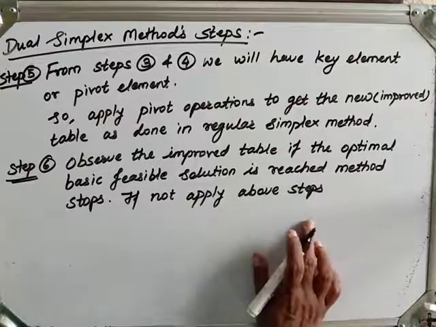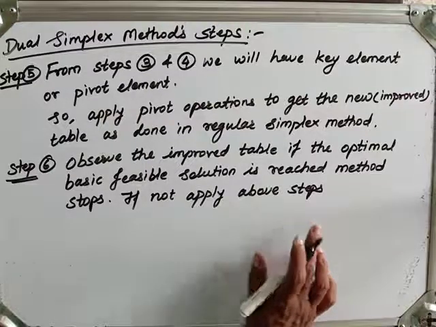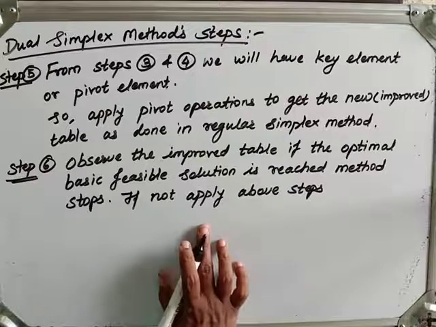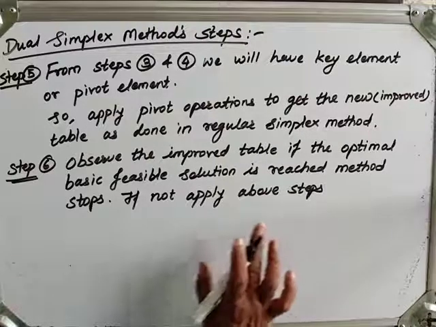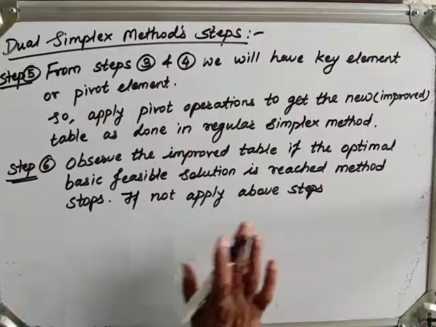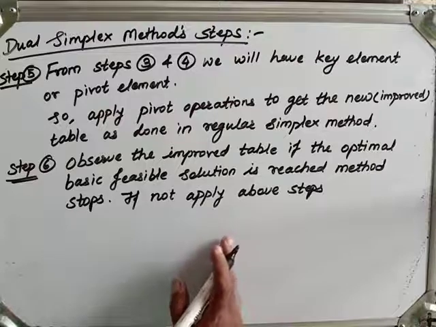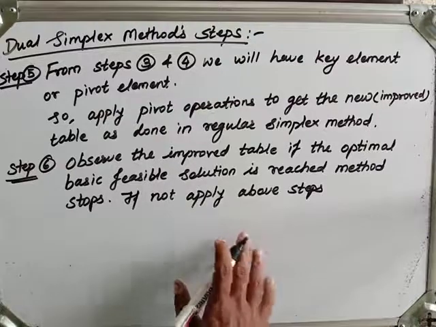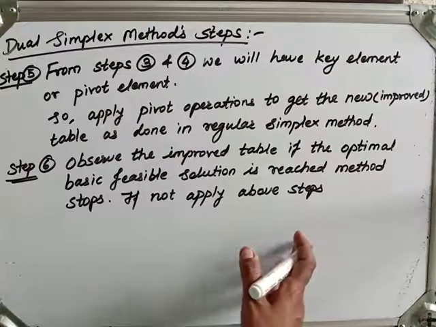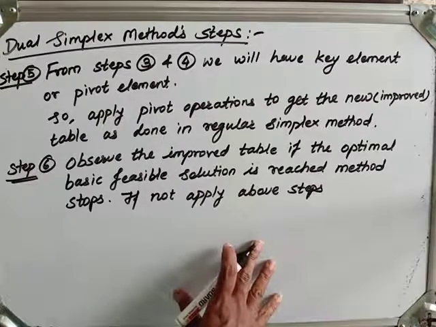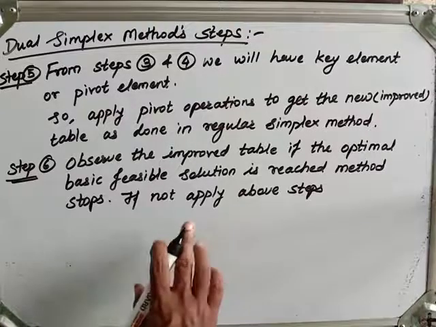Again we need to compute del j for each column and check whether all del j's are less than or equal to 0 and all bi's are greater than or equal to 0. If so, it is the optimal solution. If not, or if at least one bi is less than 0, the current solution is not feasible, so go for improved tables. The most negative xb gives the pivot row.